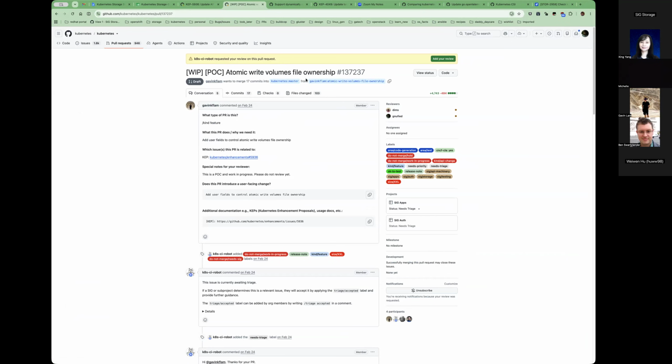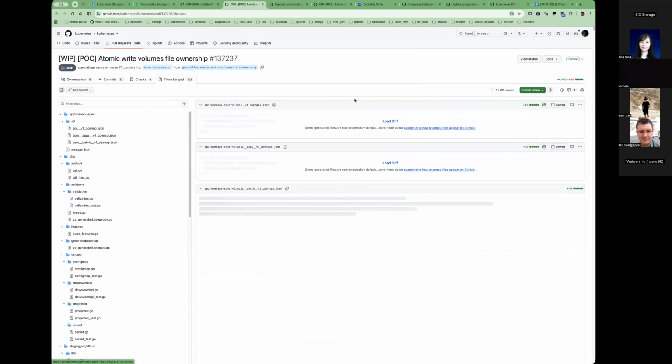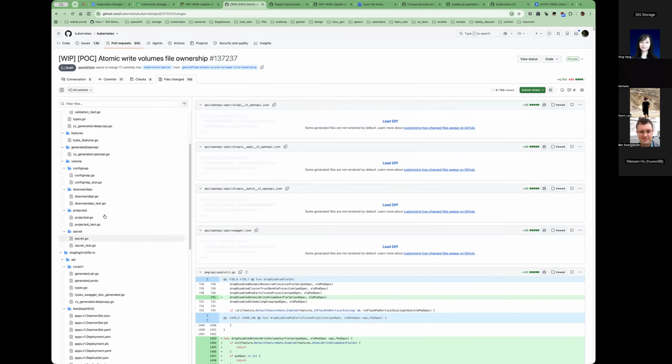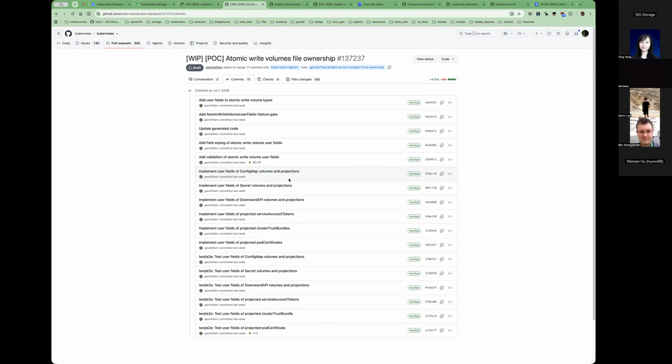If you go to the commits tab, yes. The first half of it is the API changes. The second half is the implementation and the end-to-end test. They are all ready. Right now, I'm just waiting for the first half to go through.